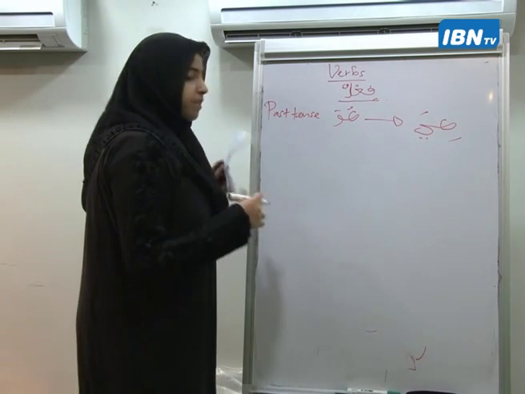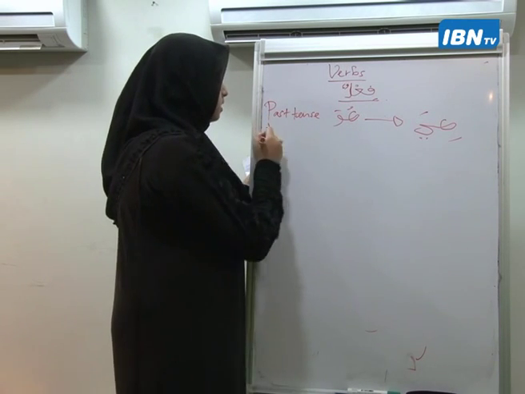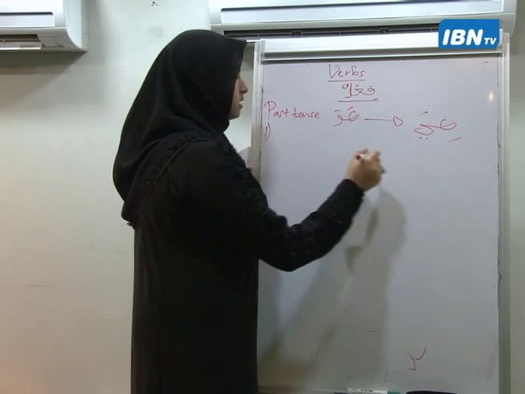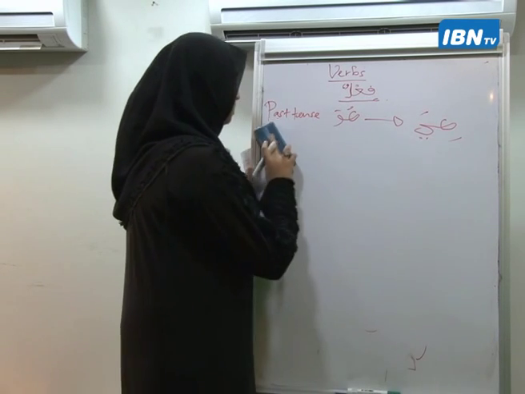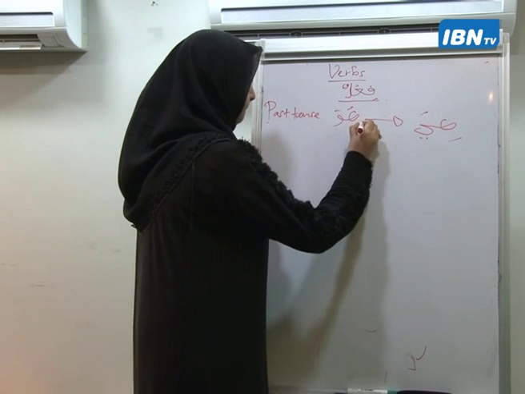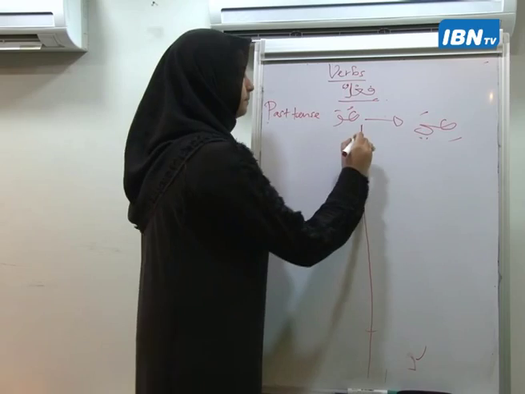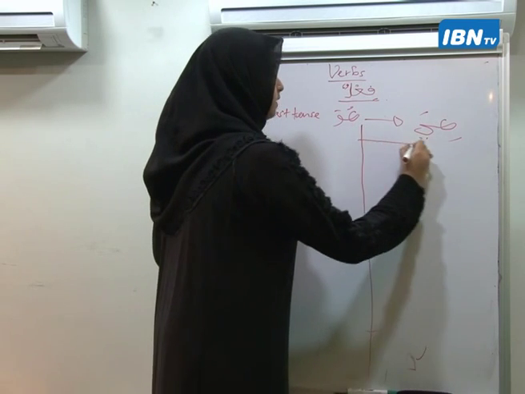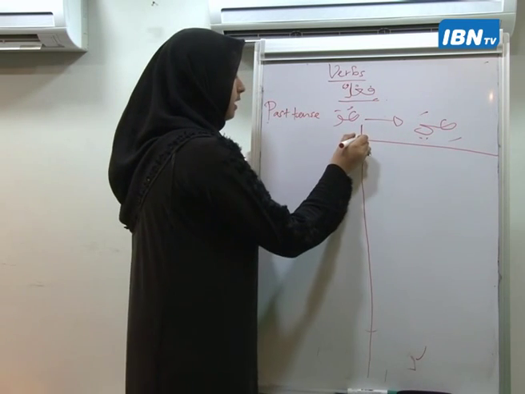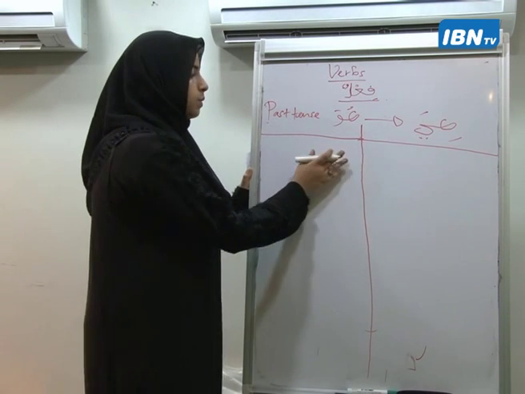Right, so the first example I had given you was shariba. This is for huwa, and we have hiya and huwa in the past tense.